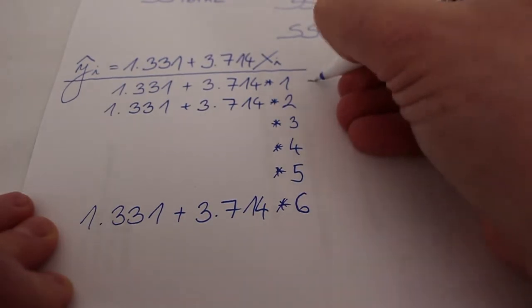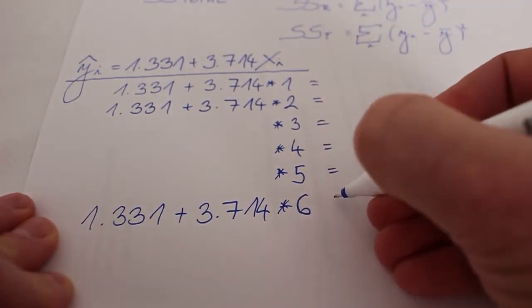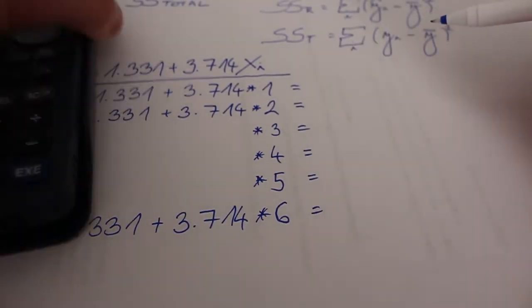So I will receive 6 calculated values on the basis of my model.